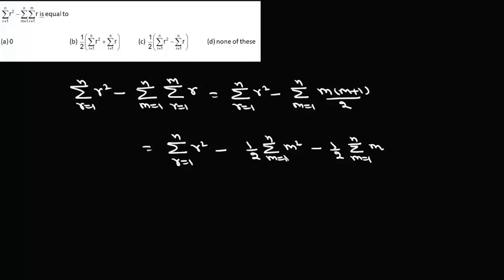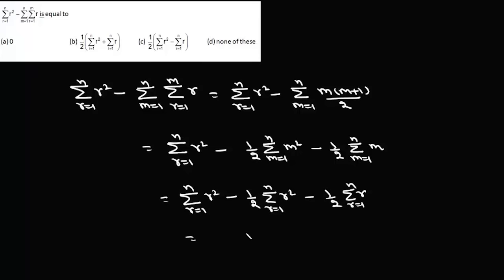Now the limit of summation goes from 1 to n. Then this variable doesn't matter, so rather than taking it as m, we'll write it as r. So we can write simply summation r varies from 1 to n of r square, minus 1 by 2 summation r square, r varies from 1 to n, minus 1 by 2 summation r varies from 1 to n.